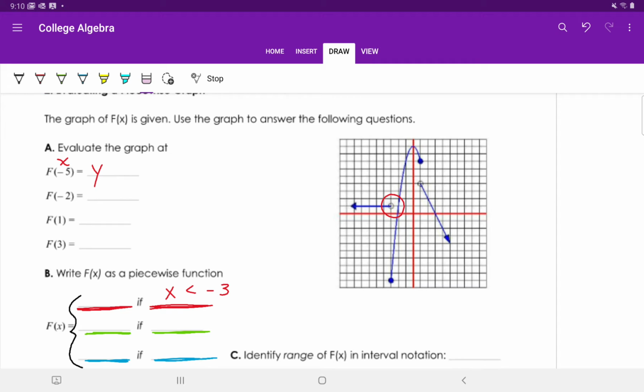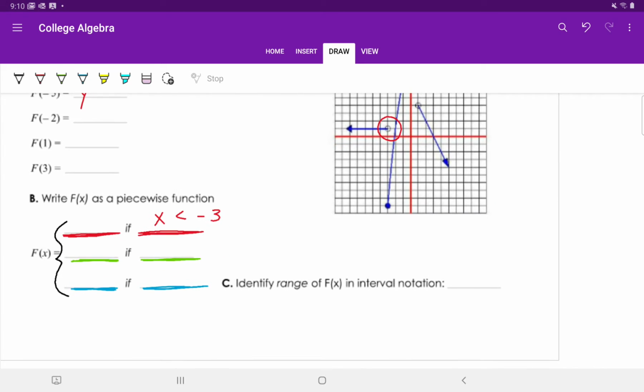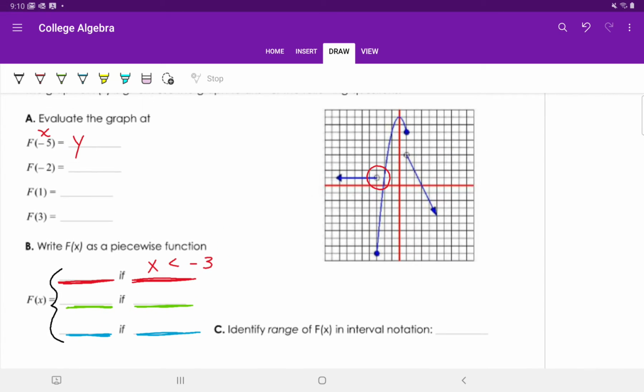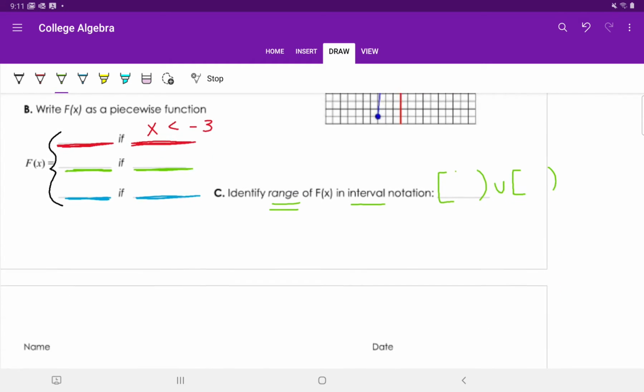So little details like that are going to be the difference between a wrong or a right answer. All right, I actually almost missed part C down here. They want you to identify, again, the range, and this time in interval notation as well. So we're looking at brackets, maybe parentheses, maybe some unions, things like this in your interval notation.